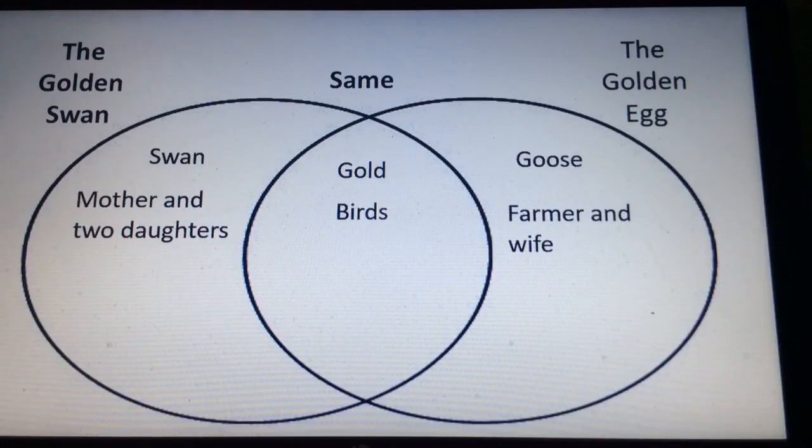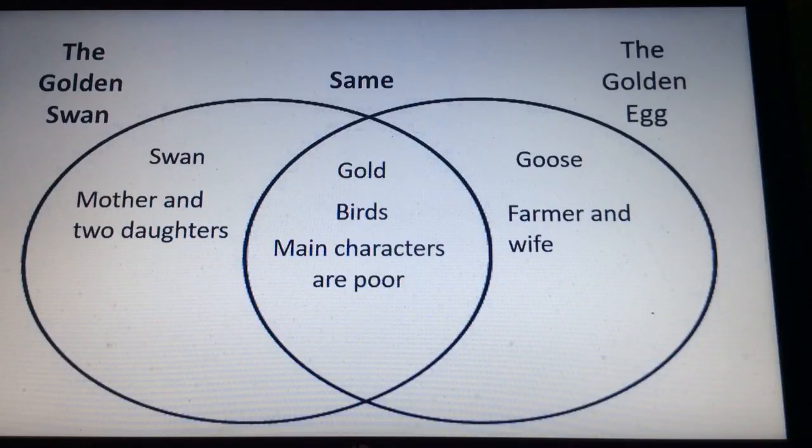Now, what did the mother and 2 daughters and the farmer and wife have in common? The main characters are poor. So they were both poor. So we know that both stories are about gold, both stories are about birds, and both stories have main characters that are poor.